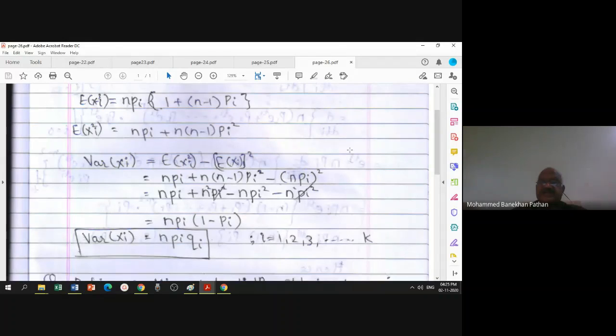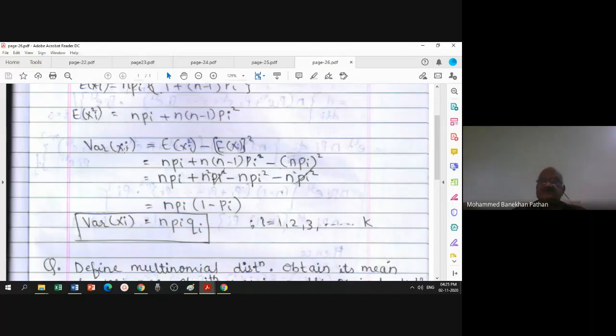Now easily I can go for the variance of xi. So expected value of xi square minus the square of the expectation. It is just a repetition from your first year practice. E of xi square, which is here, replace this in place of E of xi square: n times pi plus n into n minus 1 pi square.